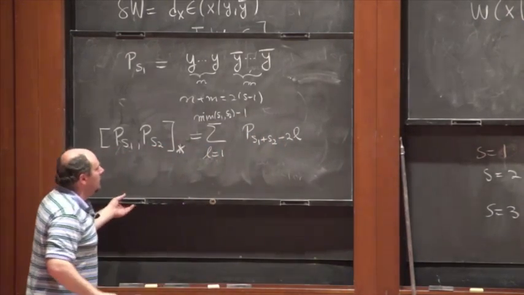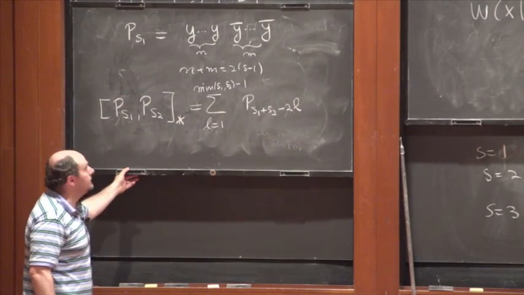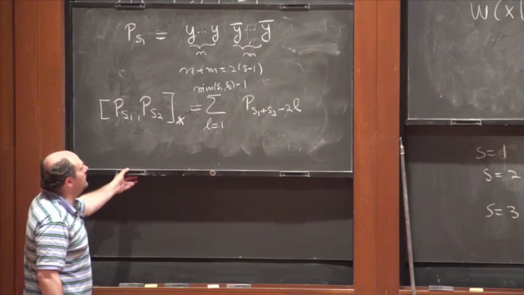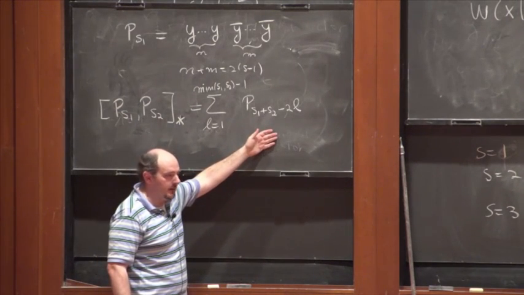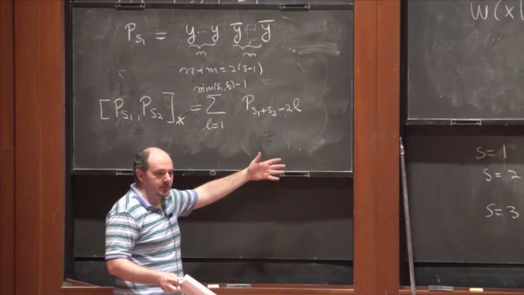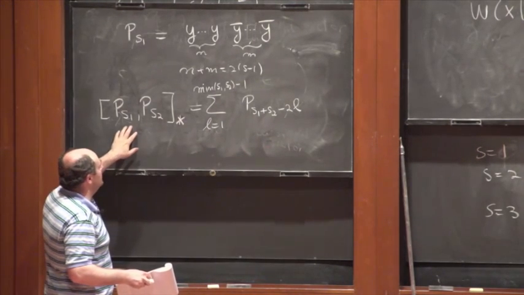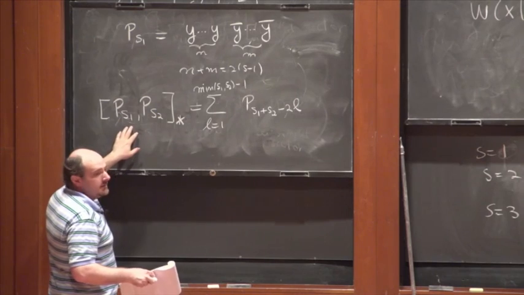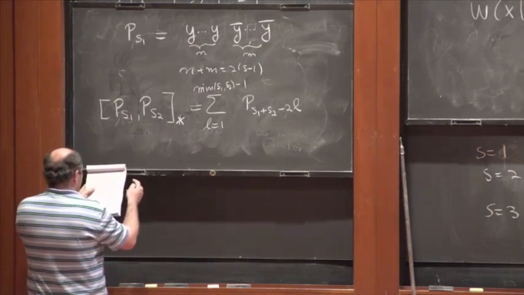Now you see that if S1 and S2 are 2, which means you're just considering commutators of bilinears, you just get bilinears on this side. So that's the SO(3,2) closed subalgebra of this big algebra. But as long as you add something which is greater than 2, you generate some other monomials.